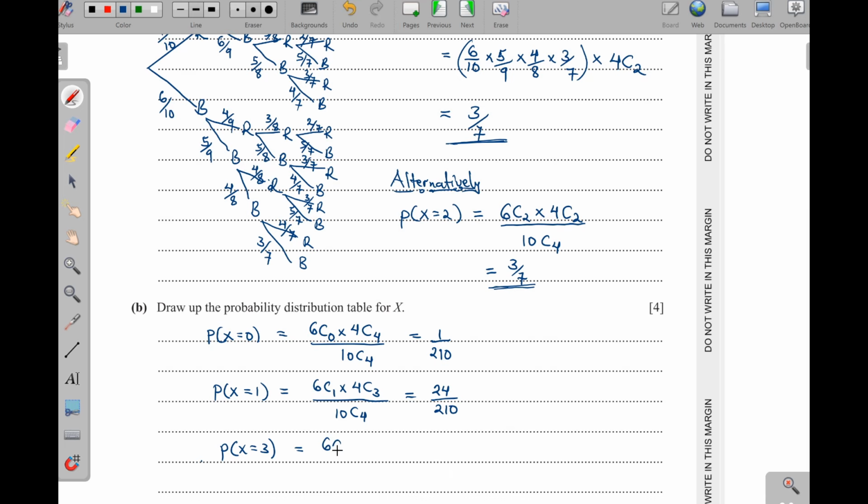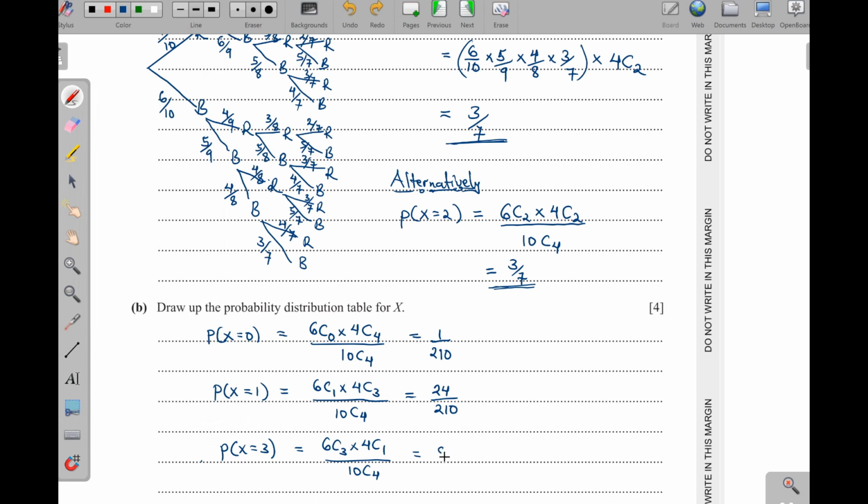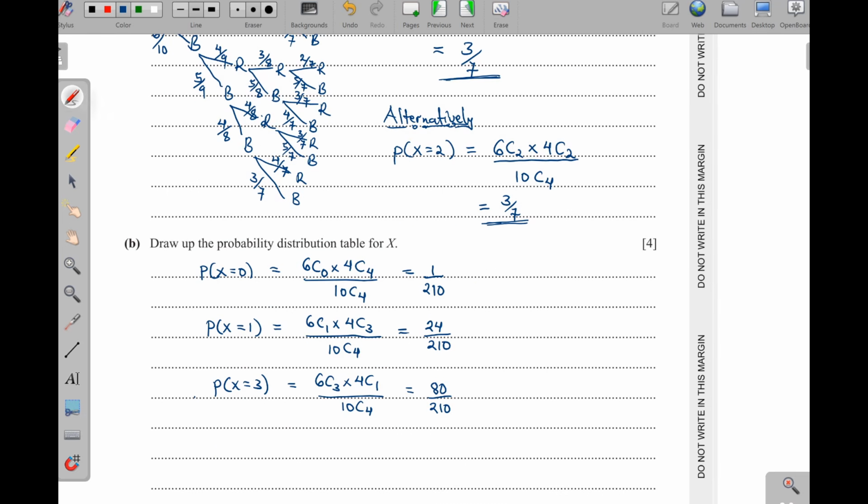That one can be 6 combination 3, then the next one will be 4 combination 1, then out of 10 combination 4. 6 combination 3 is 20, then times 4, 80. So I'll have 80 here out of 210. And then I can also get all of them, the blues.